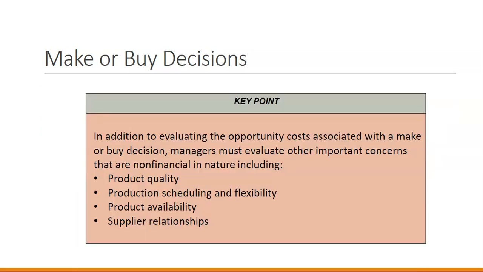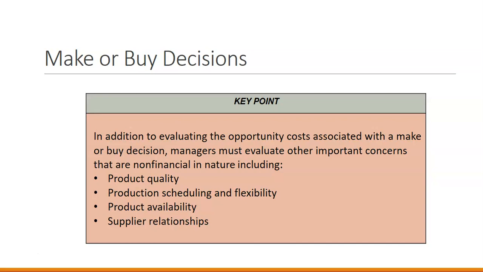So some of the non-financial decisions are, what are the opportunity costs associated with a make or buy decision? One, if we buy it from an outside vendor, we no longer have strict control on that product quality. We're not making it ourselves, so we don't get a say in how it is made.